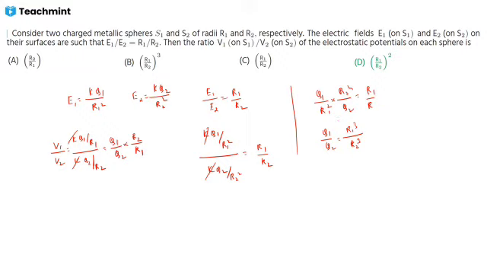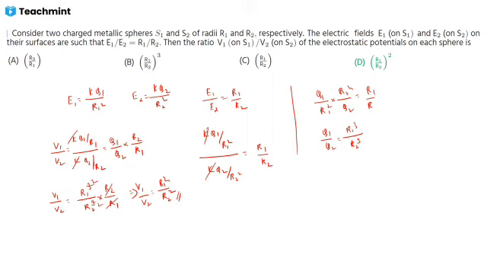Again, we know the Q1 by Q2 value, no? So now V1 by V2 is equal to R1 cube divided by R2 cube into R2 by R1. So one R1 will get cancelled and the square will be remaining. So V1 by V2 will be equal to R1 square divided by R2 square.